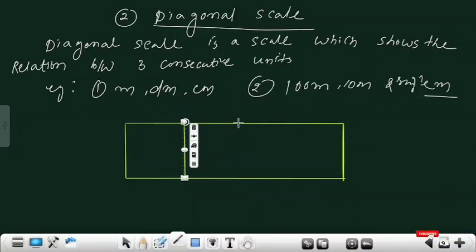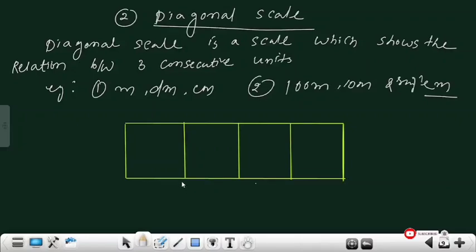This is one part, this is the second part, this is the third part. 0, 100, 200, 300. These are equal 100 parts, and the total is 400. The unit is meter.